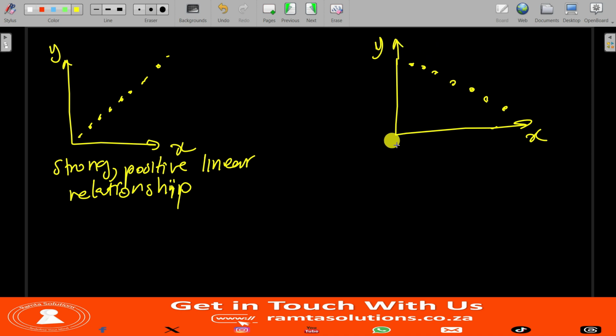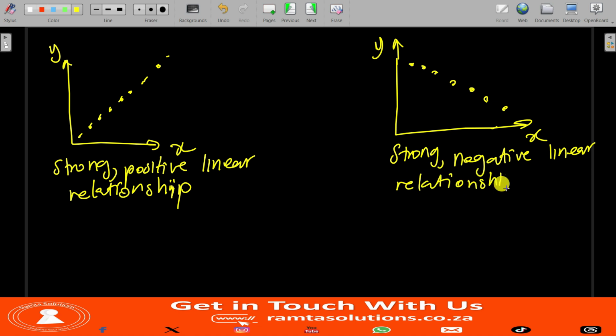So we will say it's strong, but as x increases, what's happening to the y values? They're getting smaller. So it's a strong negative linear relationship, isn't it? Cool.